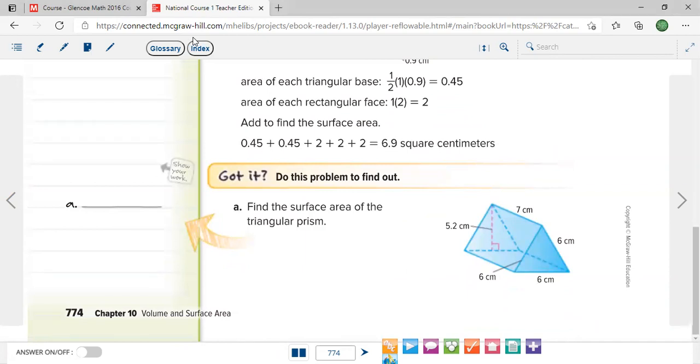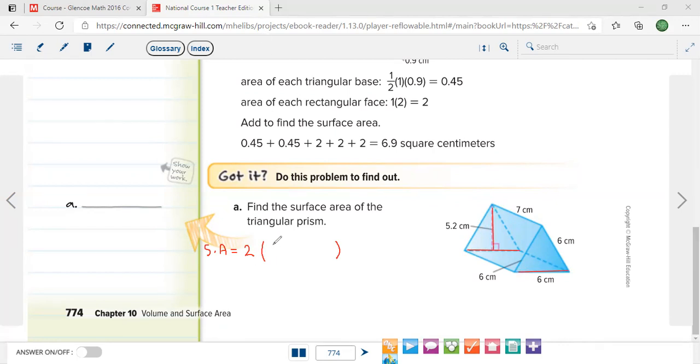Let's try to evaluate this one. So the surface area is 2 times the triangle. The triangle has a base, which is 6, exactly like this one, and it has a height of 5.2.